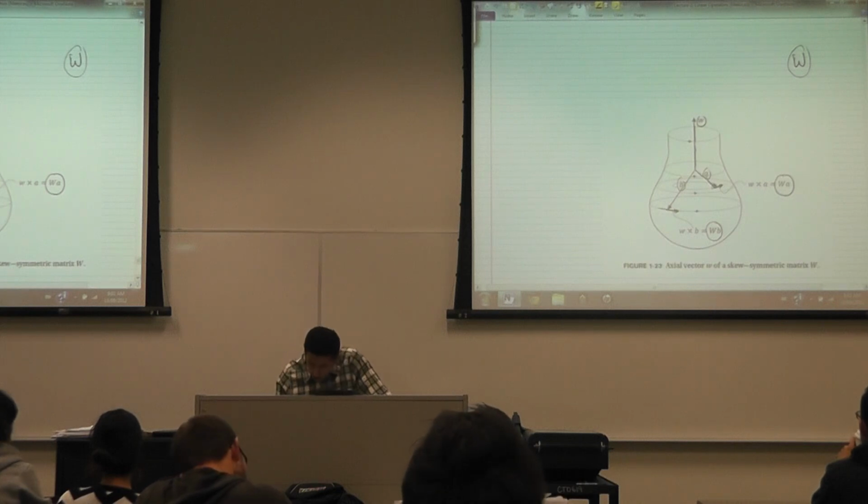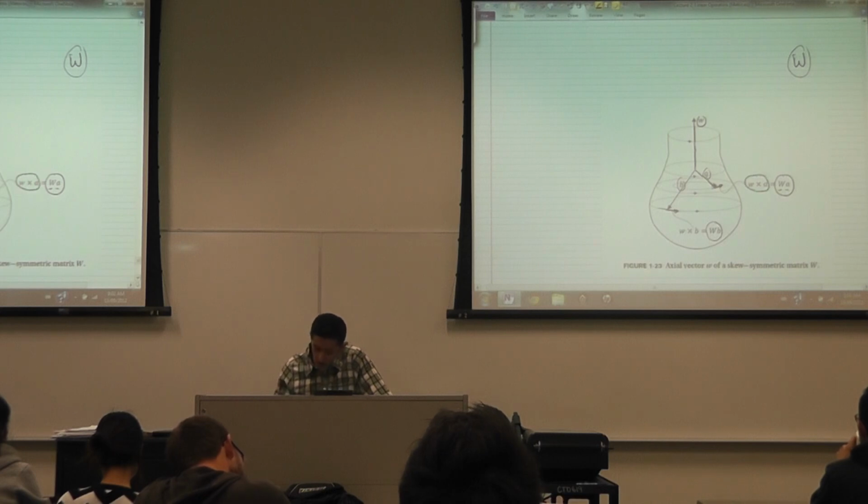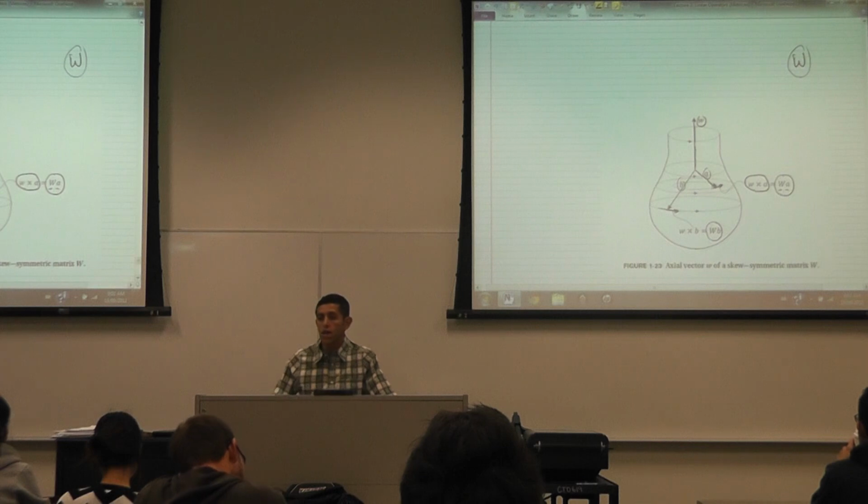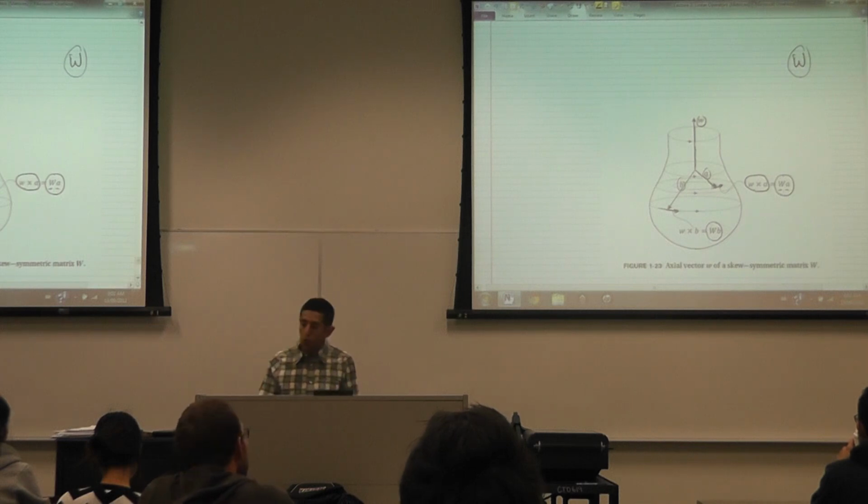Because this is perpendicular to both, the action of W is equivalent to the cross product between this axis of rotation and this vector, A or B. So this is what it does visually. Now we have to prove that all this is true.